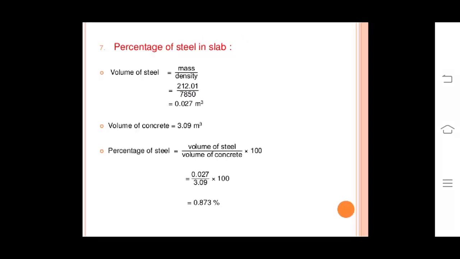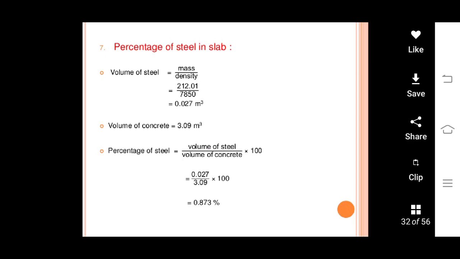Percentage of steel in slab required can be calculated by volume of steel, which is equal to mass upon density. The mass of steel which we have calculated is 212.01 divided by density of steel, that is 7850. The total volume of steel consumed in slab construction is 0.023 m3.